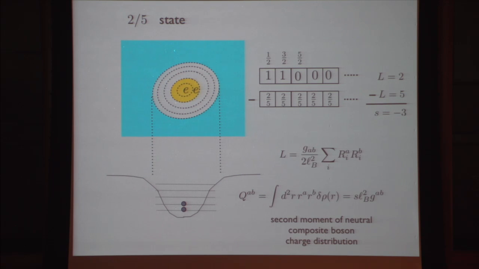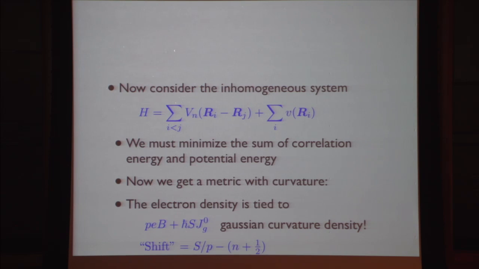Okay, so let's see, quarter of an hour left. Okay, so for the inhomogeneous system, we want to minimize the sum of the terms. If we have a translation invariant system, we'll have a kind of flat metric for the ground state in the thermodynamic limit.